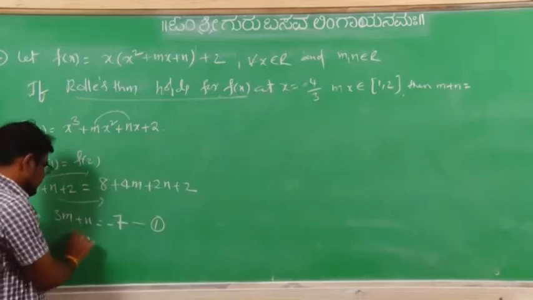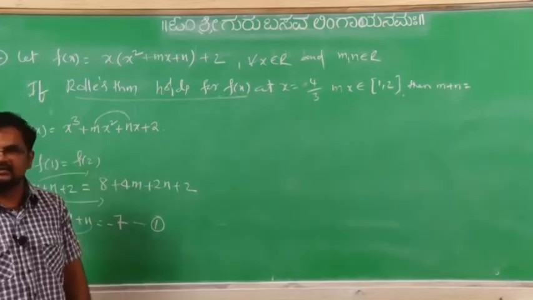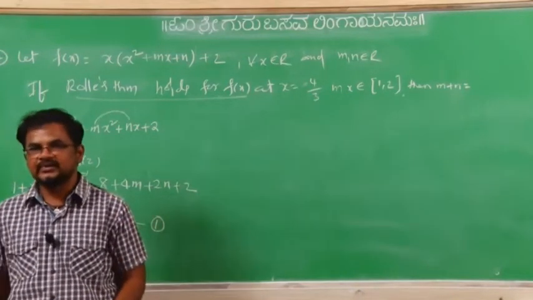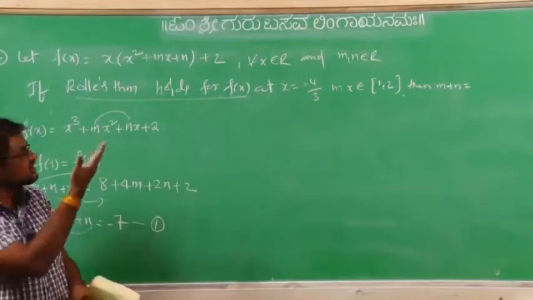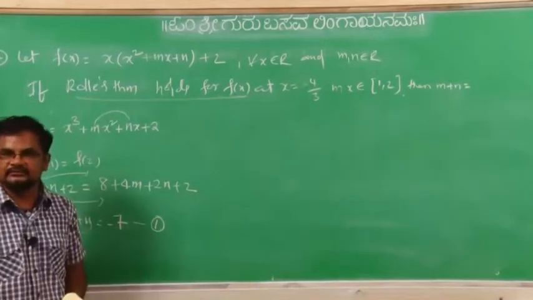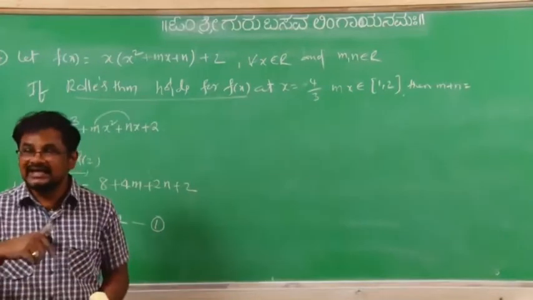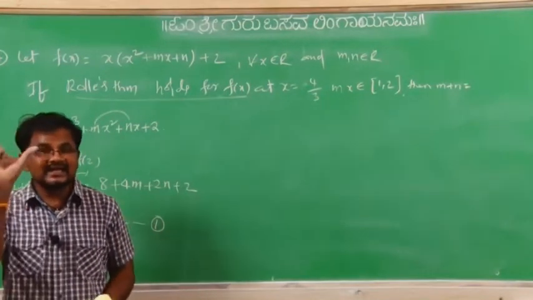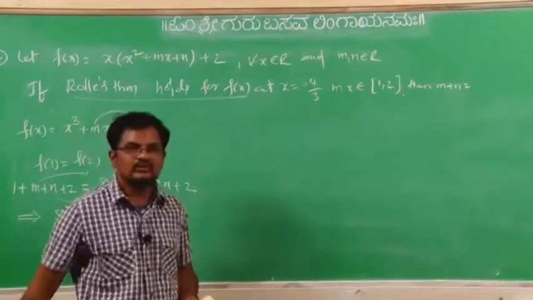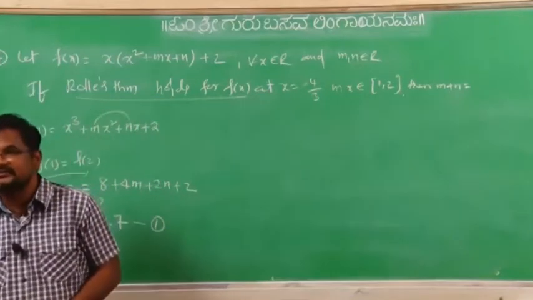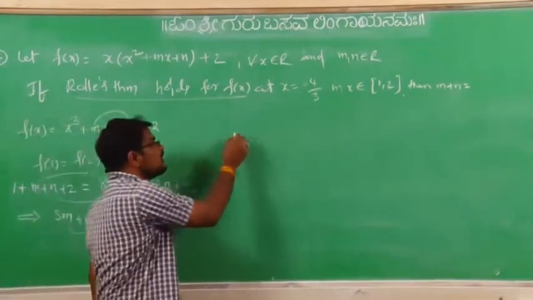So for finding the m and n values, one more equation is needed. How to get it? This function satisfies Rolle's theorem, which means f of a equal to f of b, one condition you got. Then there exists at least one point c which belongs to the open interval (1, 2) such that f dash of c equal to 0.